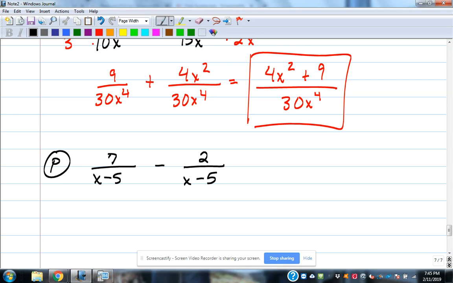Both of them are x minus 5, right? Do I have to do anything if they're already the same? No. All I've got to do is do the math on the top. What's 7 minus 2? 5. So it's 5 over x minus 5. Done.